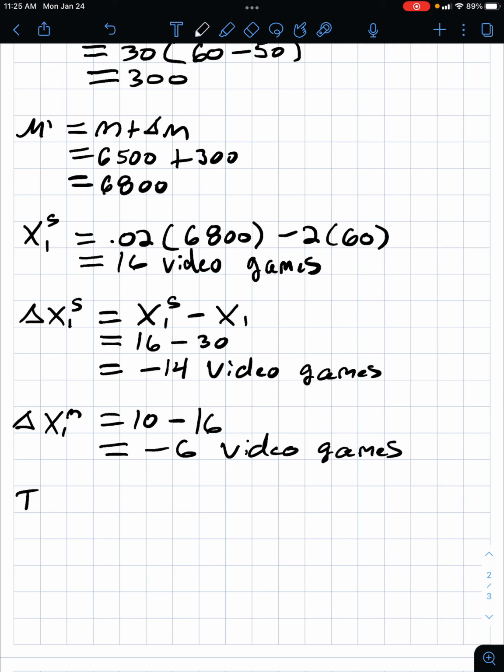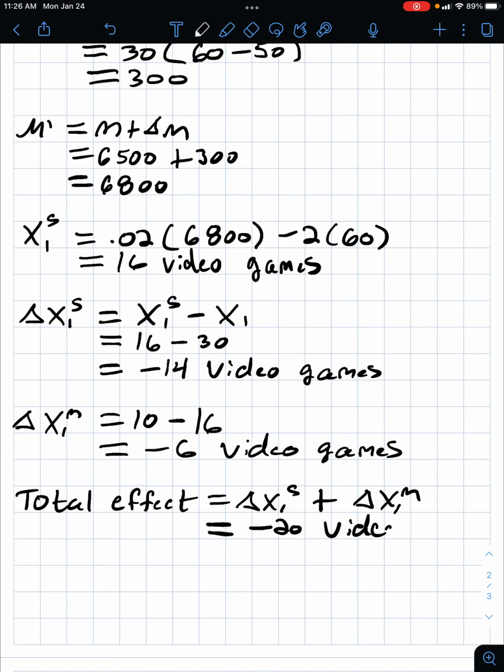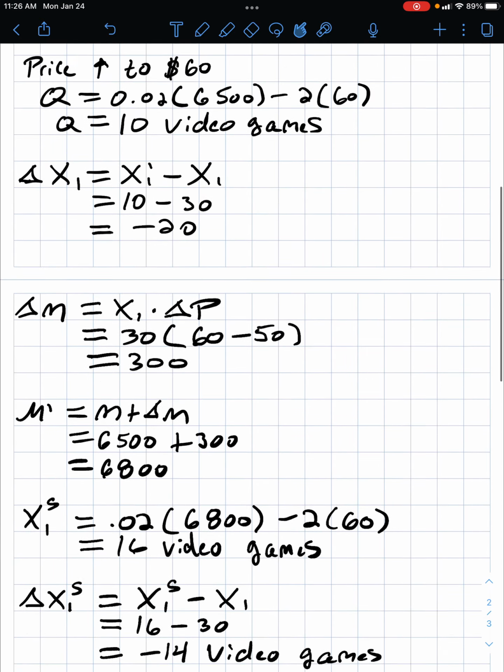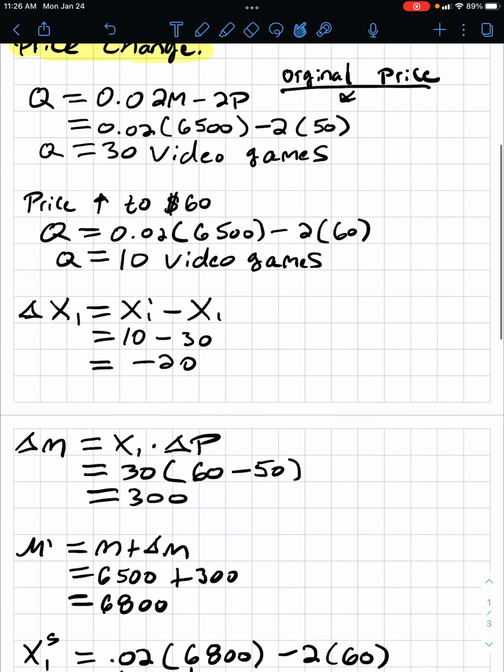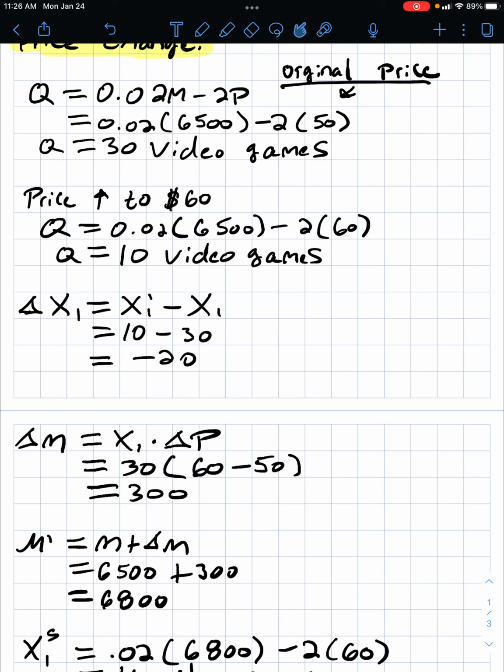So the total effect is going to be equal to your substitution effect, change of x1 of s, plus your change of x1 of m, or your income effect. So this is equal to negative 20 video games. So as you see, from the price increase from the original price, he loses 20 video games.